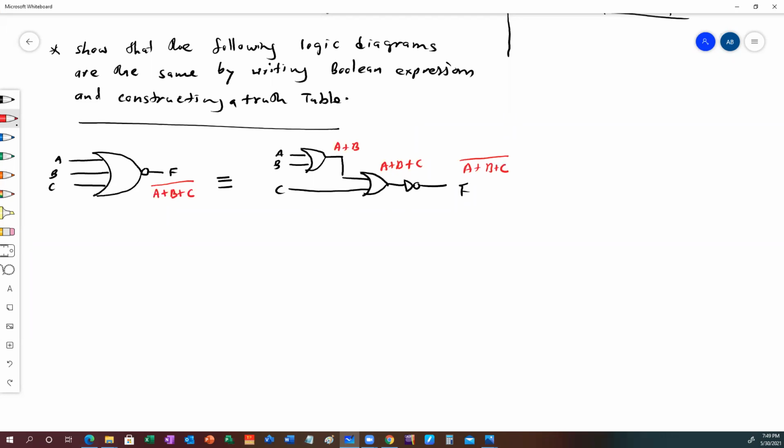The same one is out there. So if necessary, you can put this within brackets.